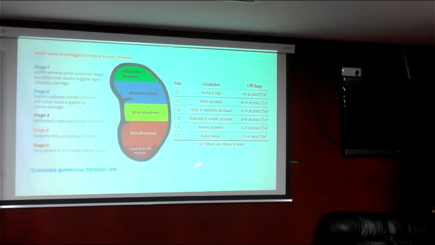If it goes to 60 to 90 ml per minute, then it is a stage 2 kidney problem. And if it is 30 to 60, then you will have stage 3. As I have mentioned, stage 3 is divided into two parts. If it is 45 to 60, then it is 3A kidney failure, and 30 to 44 is 3B kidney failure.